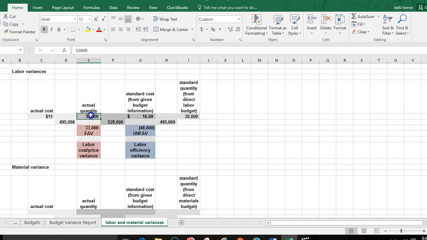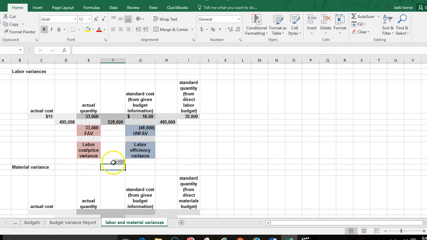We actually had 33,000. So now we want to get the difference between the favorable and the unfavorable. So do we end up to the good or to the bad? That's simply the difference between our actual of 33 and 48, which is 15,000.